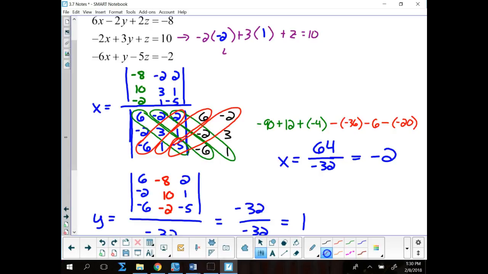So that would be 4 plus 3 plus z is 10, which is 7 plus z is 10. So z is 3.